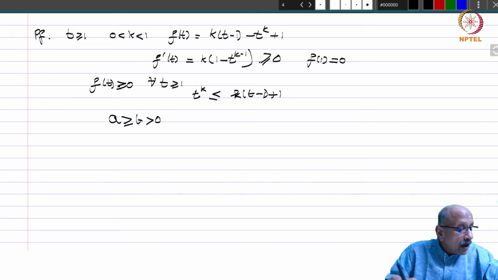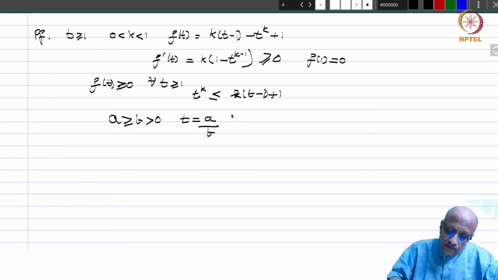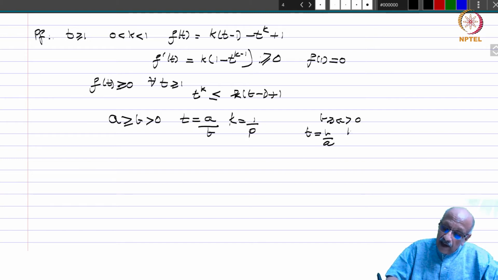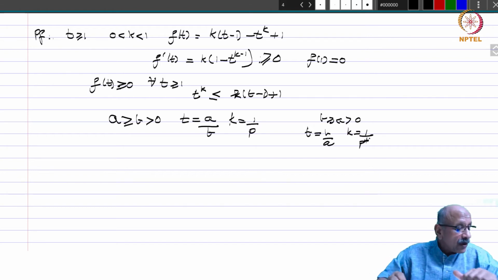Then I put t equal to a/b and k equals 1/p, and if I substitute in this, use the fact that 1/p + 1/p* equals 1, then you would get the inequality which we wanted. If b is bigger than a, then of course we put t equal to b/a and k equals 1/p*, and then again you will get the inequality. So this inequality is proved.